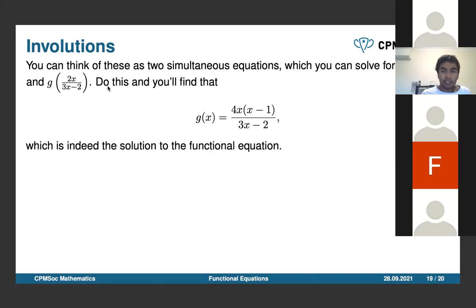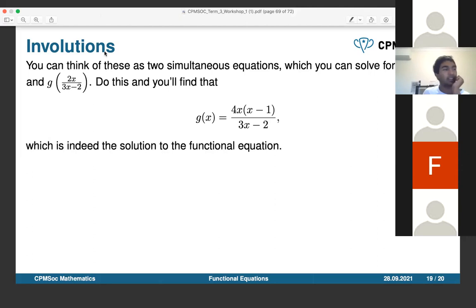Okay, so I guess that's it for involutions. Siri, what motivated the idea that 2x over 3x minus 2 might be an involution? Is there something you're seeing in that expression? Usually it's hard to see from sight that it's an involution. However, when there is a one variable function equation, there's usually not much you can do.